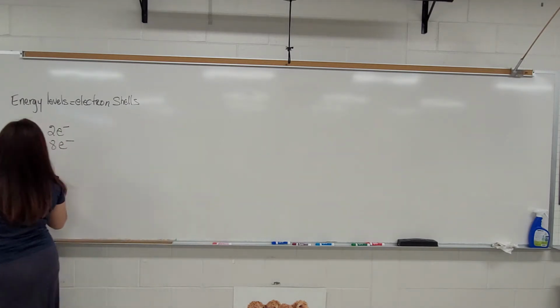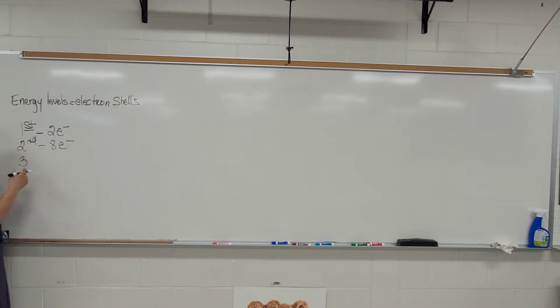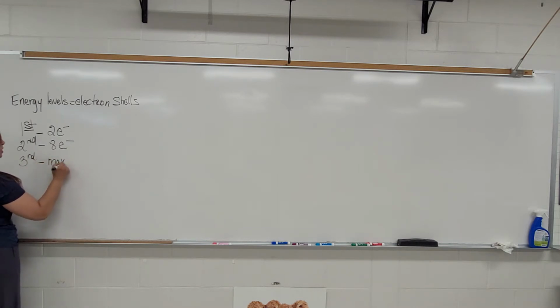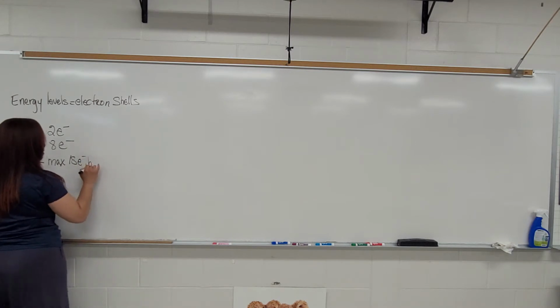The third energy level is right before the transitions, but the transitions do a little bit of wonkiness. So the third energy level can have a maximum of 18 electrons, but it is happy with 8.